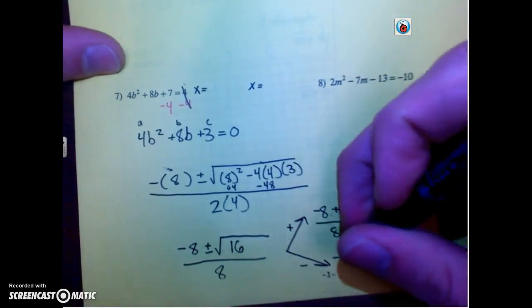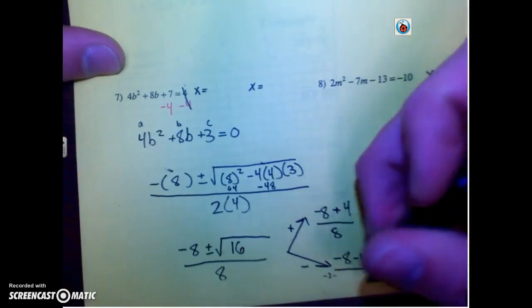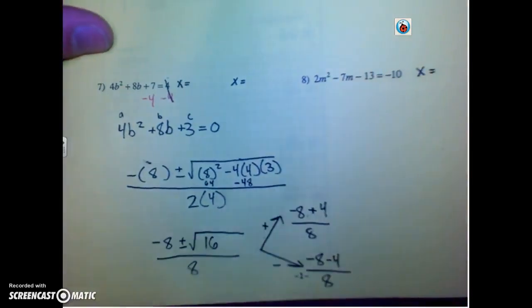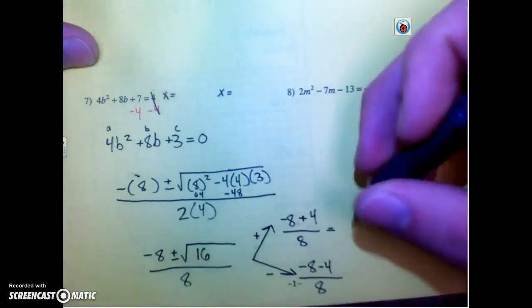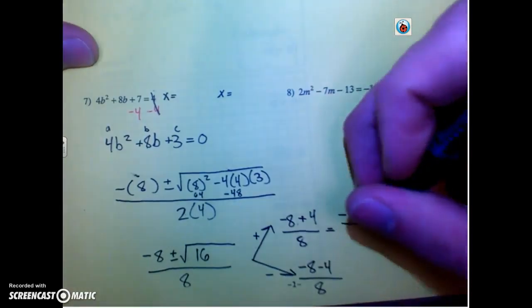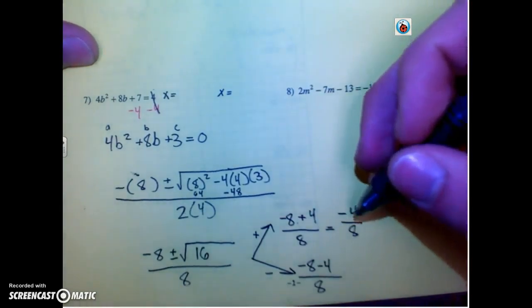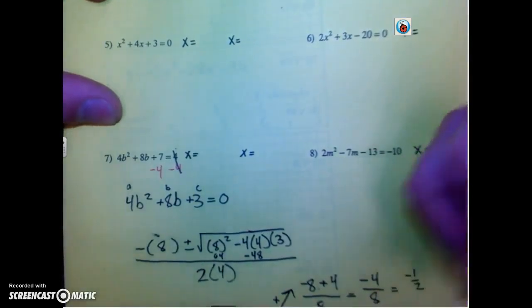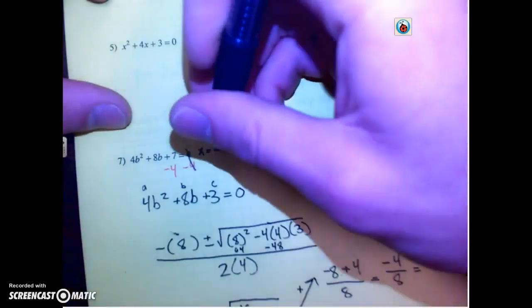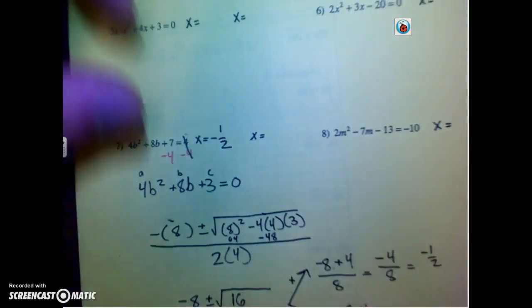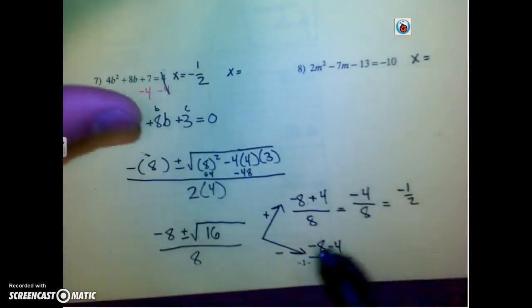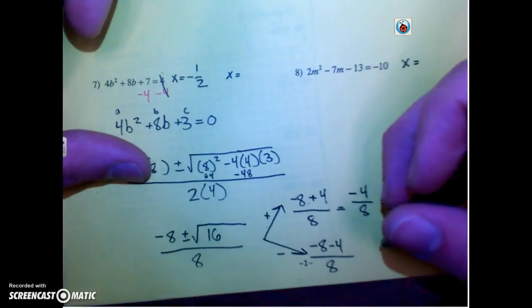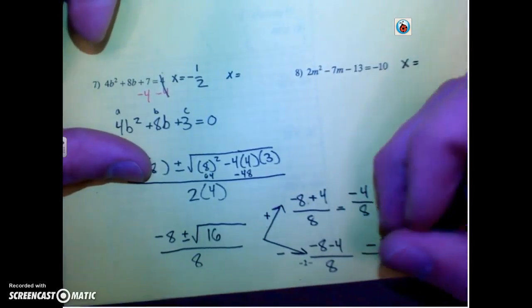And so this one's going to be the exact same, minus 4. Then we just finish solving this. Negative 8 plus a 4 divided by 8 tells me that one of my x's simplifies here to negative 1/2. For this other one, we have a negative 8 minus a 4 to get a negative 12.